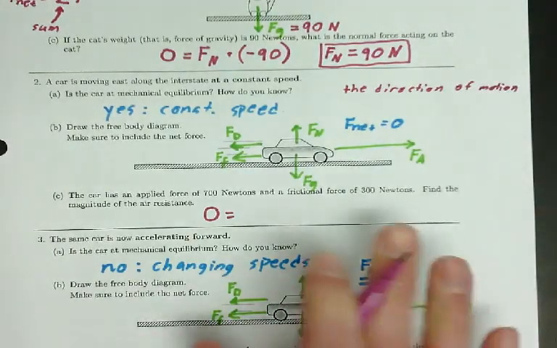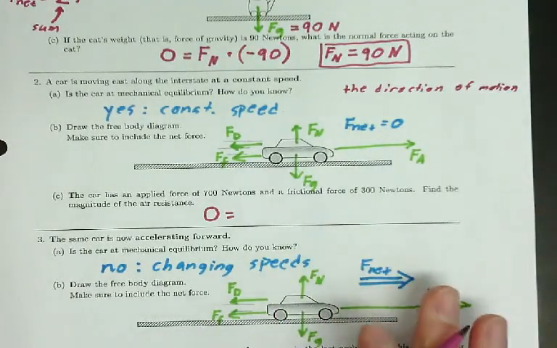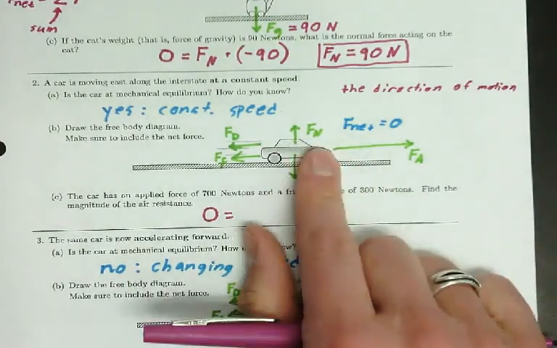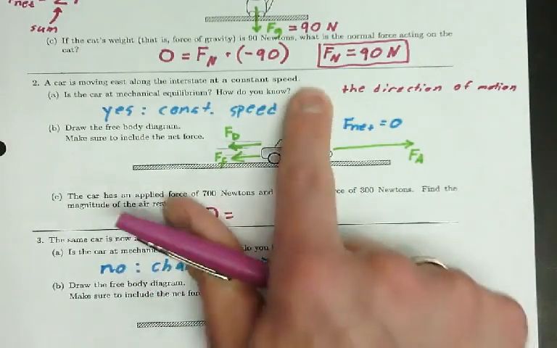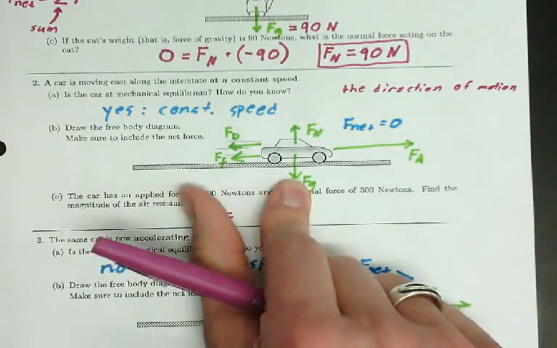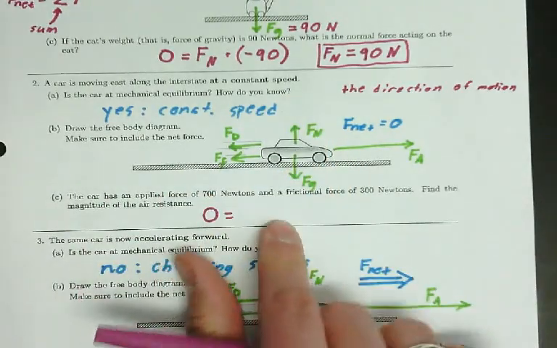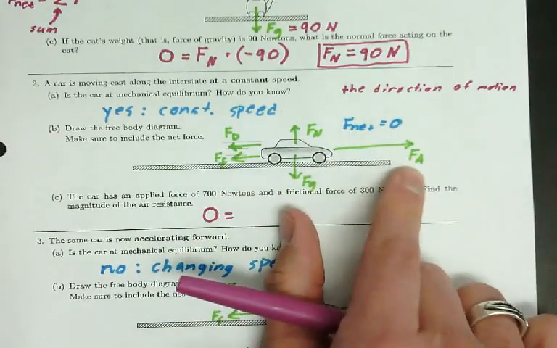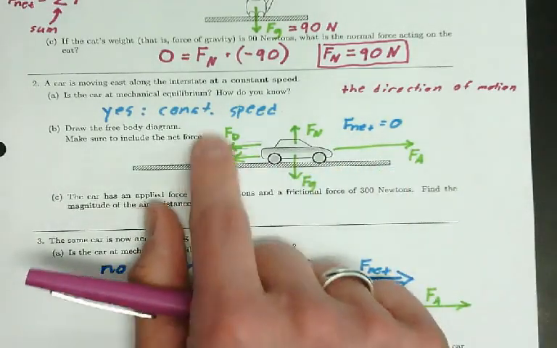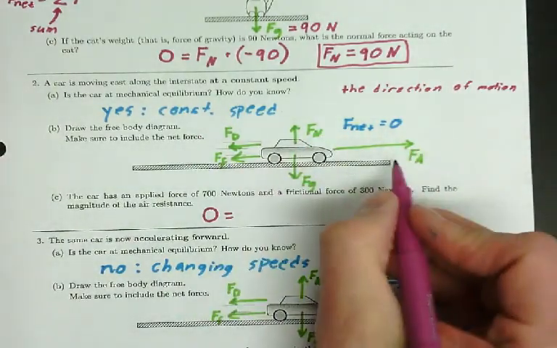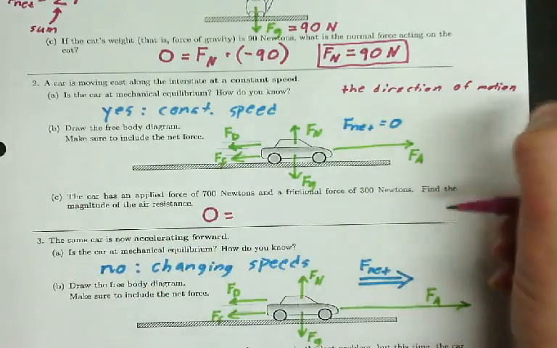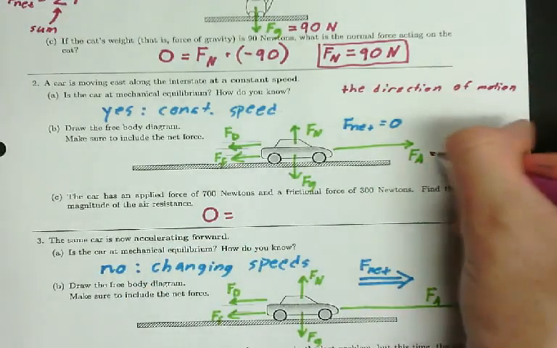So Matthew, which direction is the car going? Yeah, to the right. So I'm worried about forwards and backwards. So I'm not worried about normal. I'm not worried about gravity. So when I'm adding these forces up, I'm only adding these three: applied, friction, drag. Okay, with me? Okay, good. So the applied force has a value of 700.